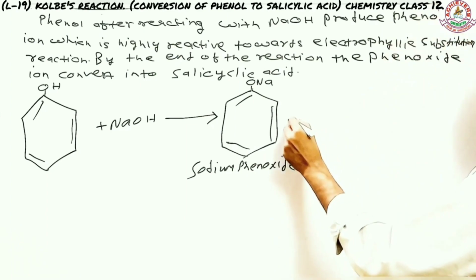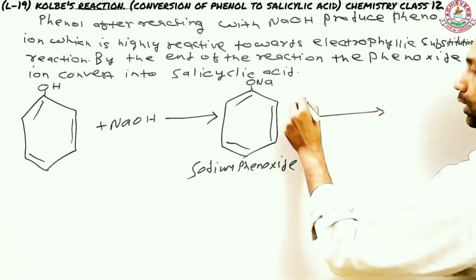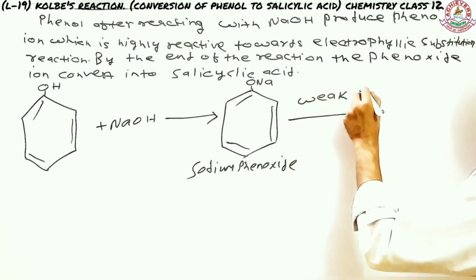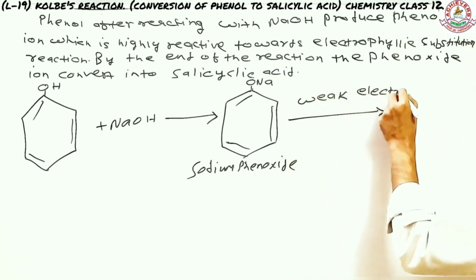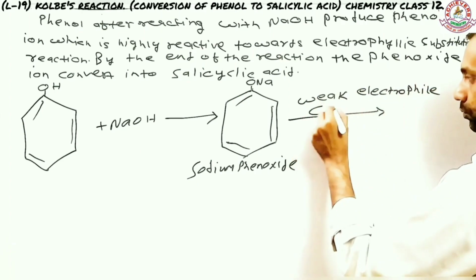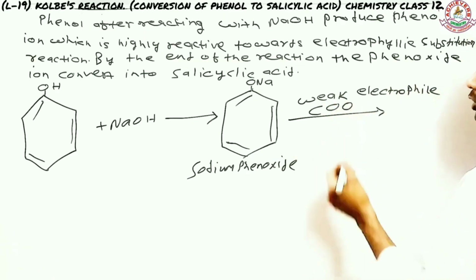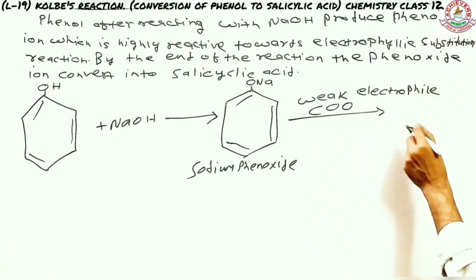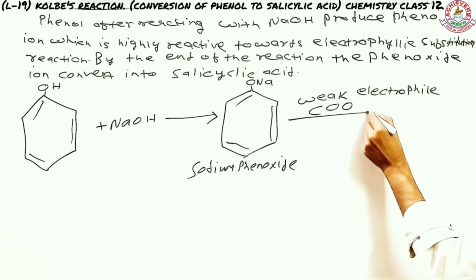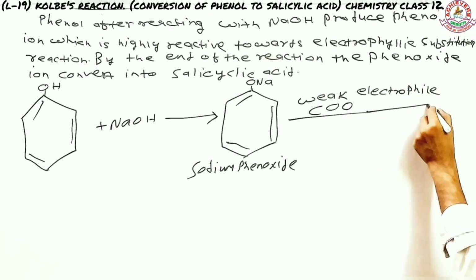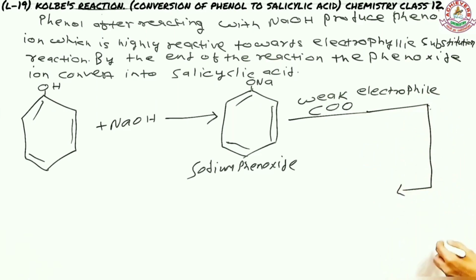And after that, it reacts with a weak electrophile, CO2. It reacts with CO2 and then it forms, since I lack space here, so I'm going to put this right here.